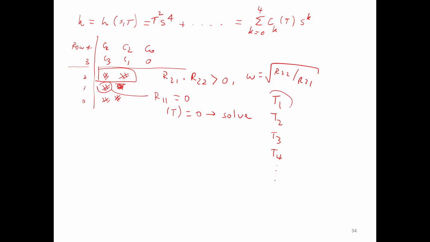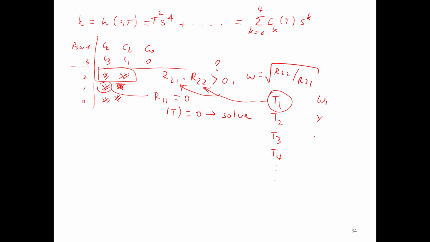Okay, so for each of these t values, we go back to the R21, R22 condition. Then we check if this positive condition holds. If it holds, then we compute an omega. So as an example, maybe T1 will cause an omega 1. Maybe T2 won't cause an omega because it doesn't satisfy the inequality constraint here.